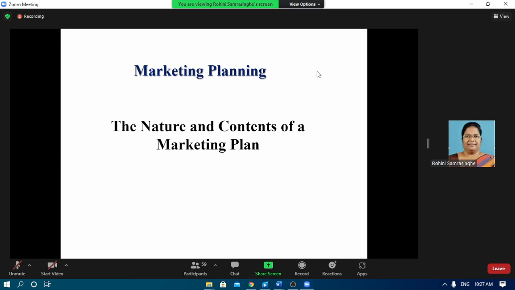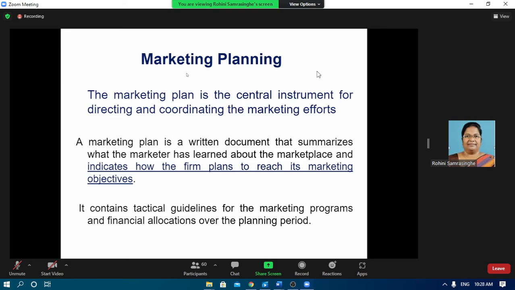Likewise, the marketing plan, normally it is a written document. It is a written document, right? You can see here that it summarizes what the marketer has learned about the marketplace and indicates how the firm plans to reach the marketing objective. Simply what they want to do within the market, and then how they can achieve that objective. So through different strategies, they are put on the written document, right?